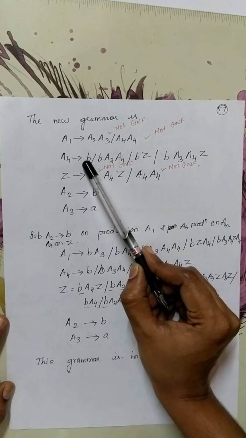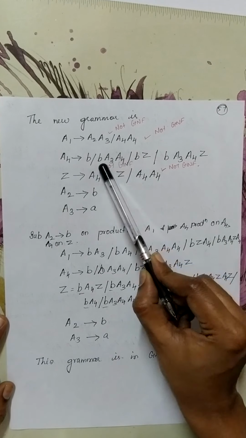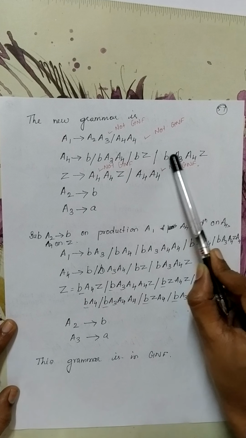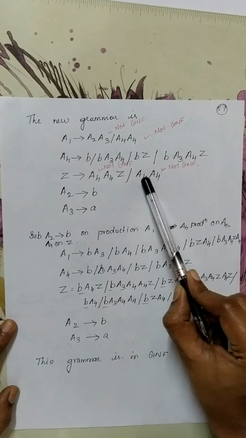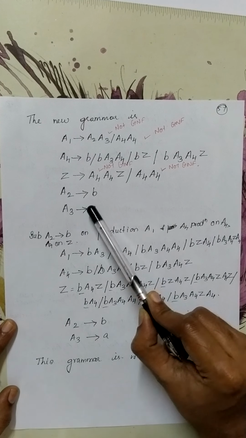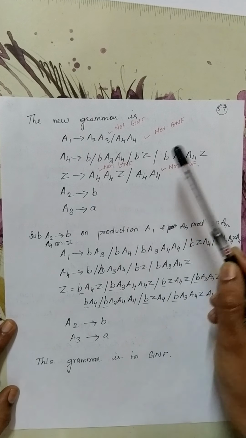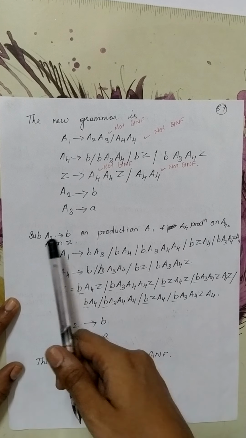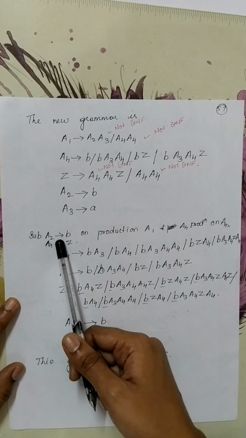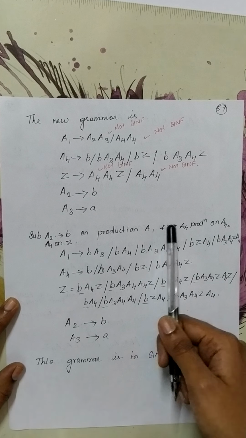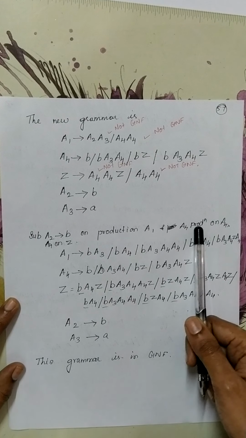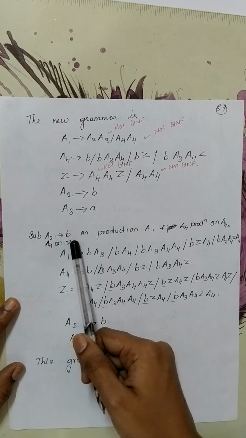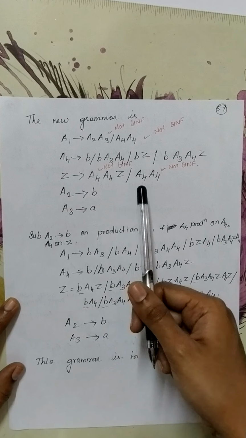This is not GNF, this is GNF, and this production is GNF, this production is GNF, this production is GNF, and this is not GNF, this is not GNF, and this is GNF, and this is GNF. So what we are going to do now is substitute A2 is B on production A1 and A4 production on A4 and then A4 on Z.